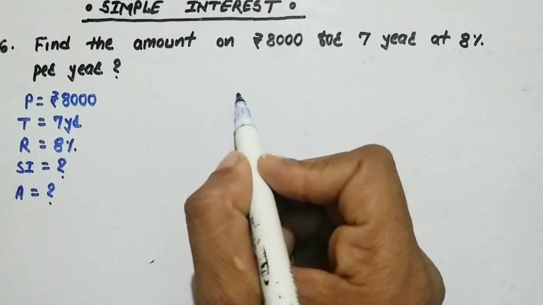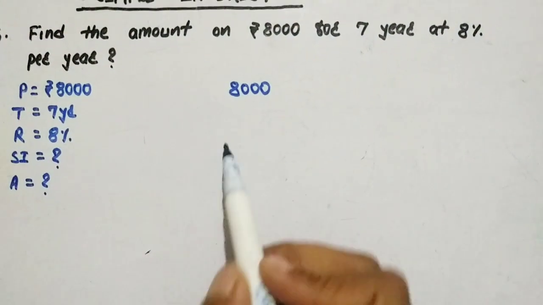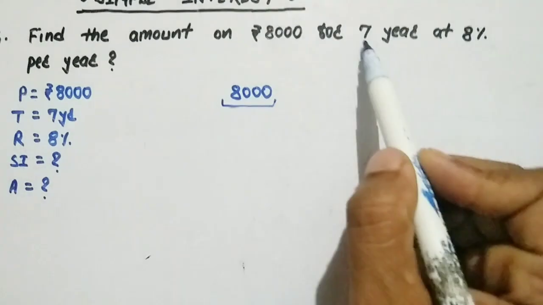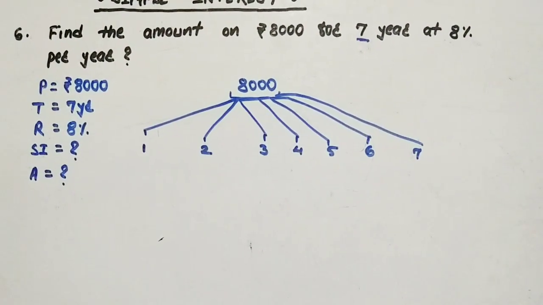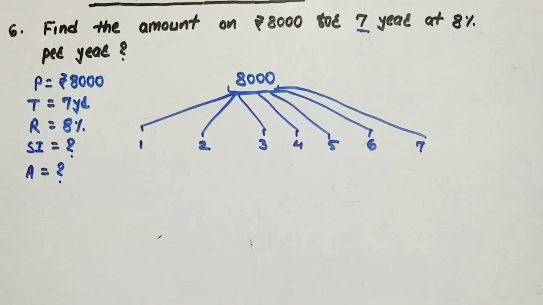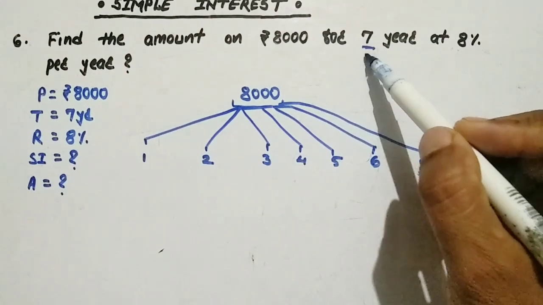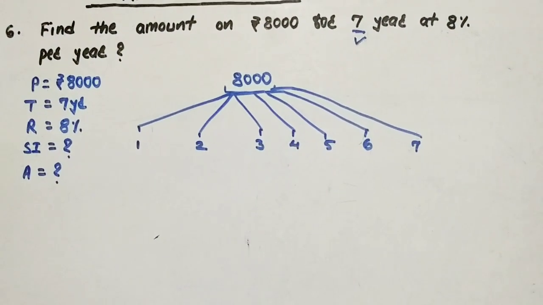So the principal value is 8,000, and for 7 years, so we divide simple interest into 7 parts. Why 7 parts? Because we calculate for 7 years.